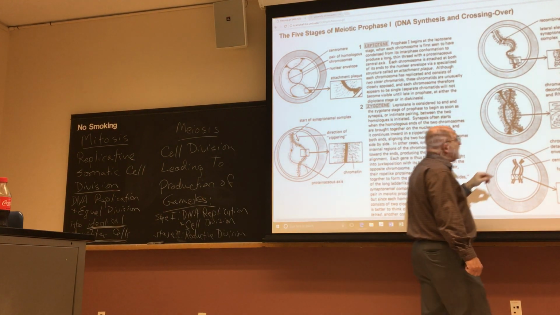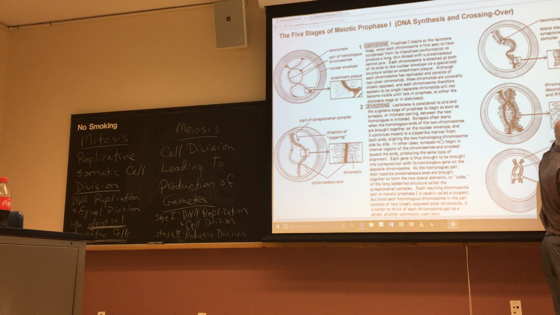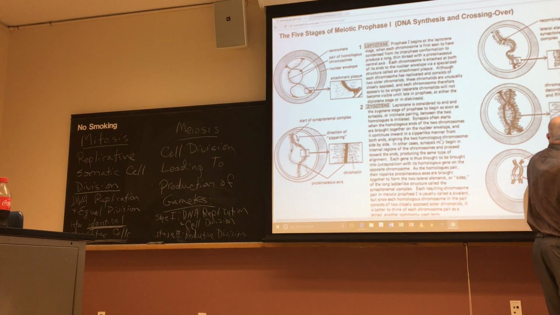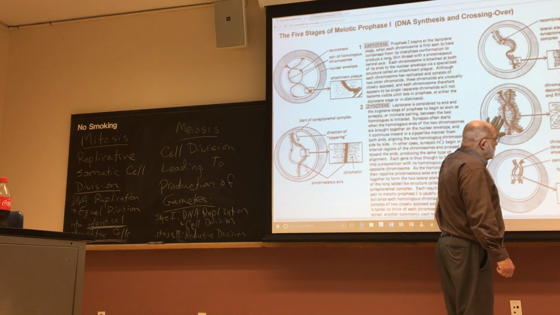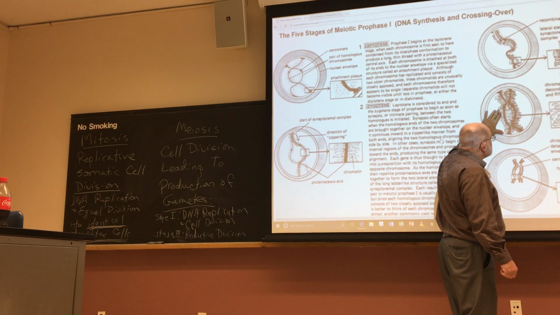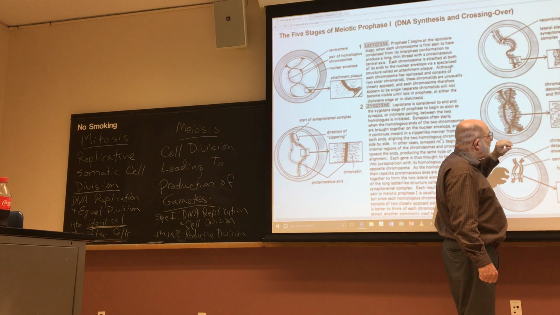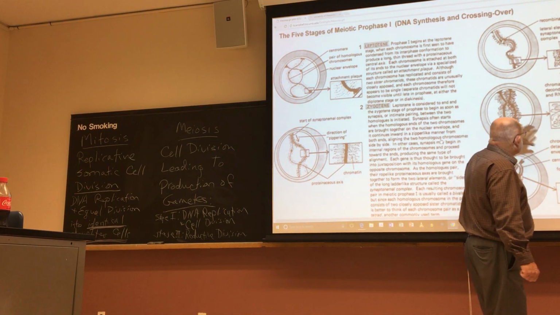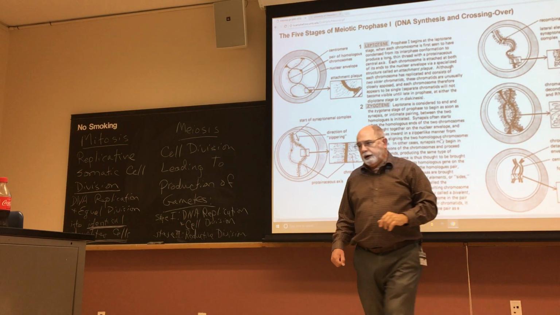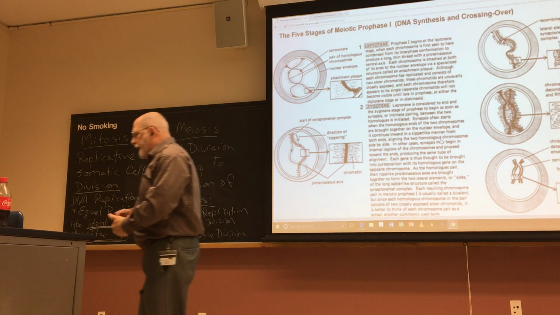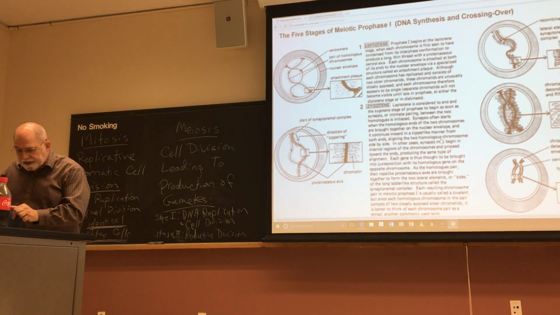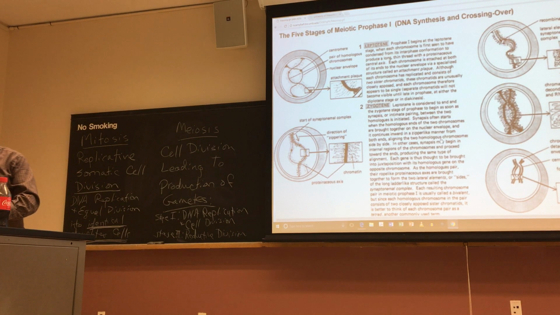And the diplotene stage is the state where oocytes tend to halt for prolonged periods of time. We'll get to why they tend to halt, or what we think is the reason they halt, in the next lecture or two.